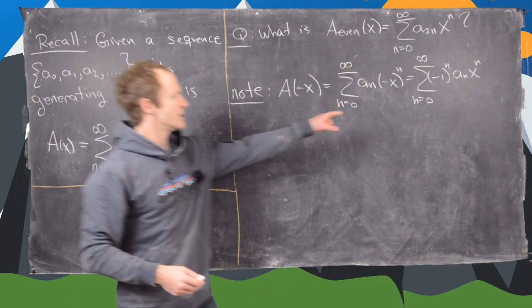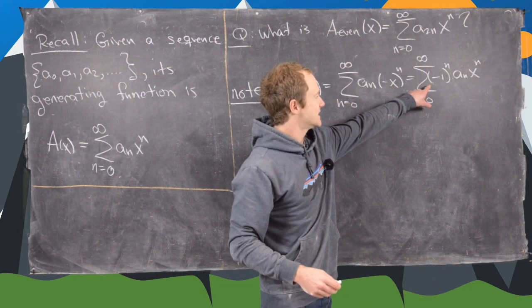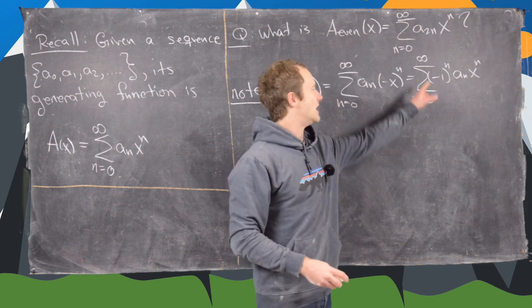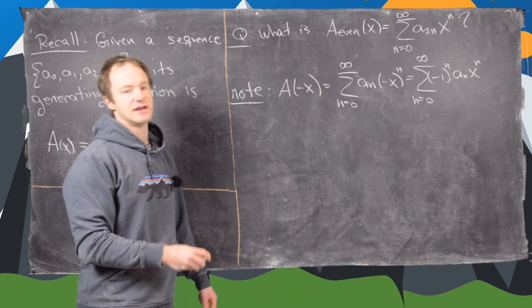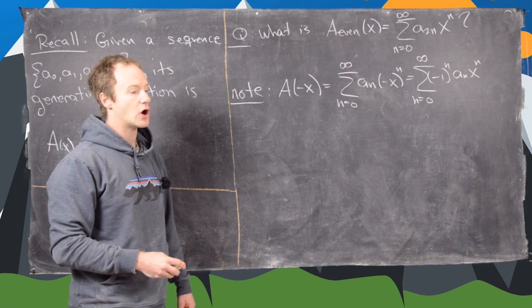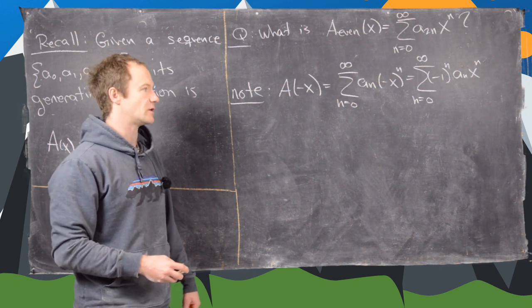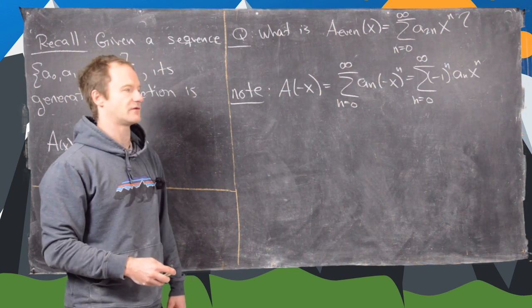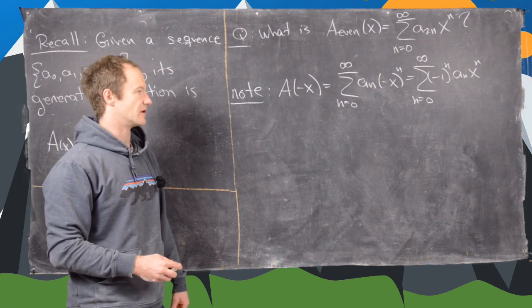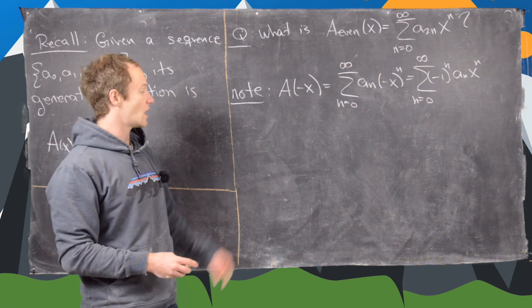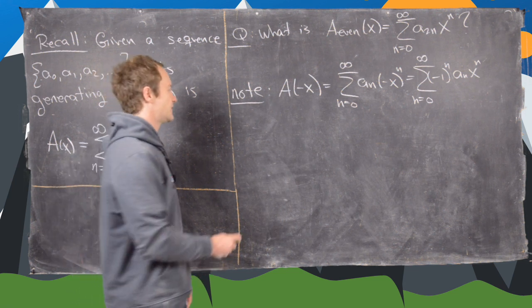Great. And notice that in this sum, the even terms have positive coefficients in front of the sequence terms, and the odd terms have negative coefficients in front of the sequence terms. So what that allows us to do is the following.